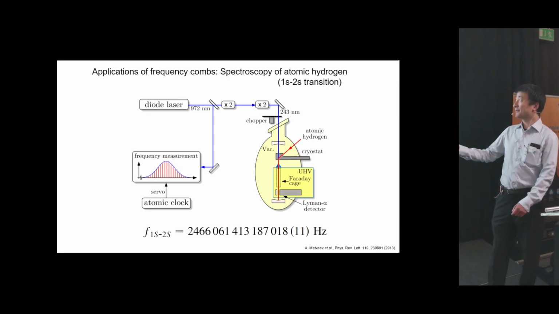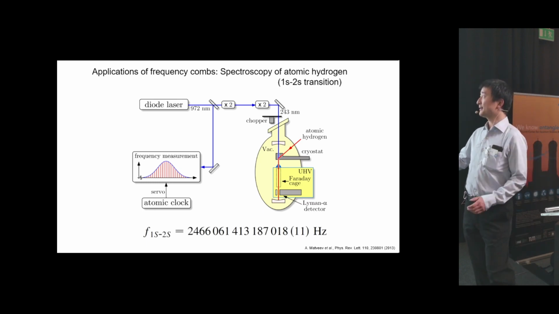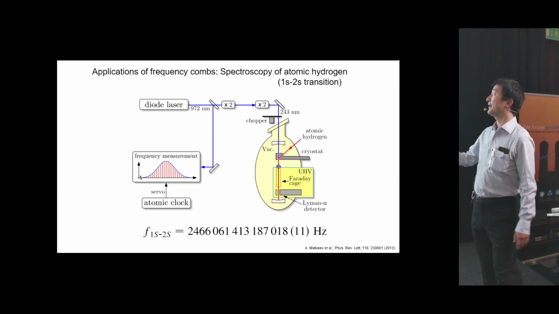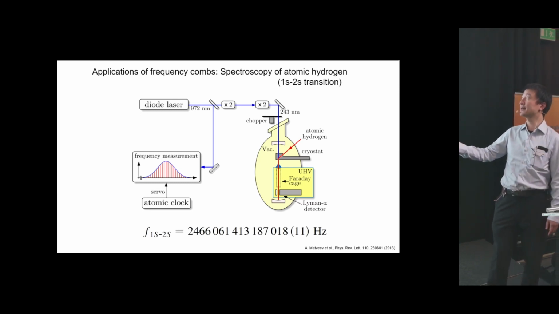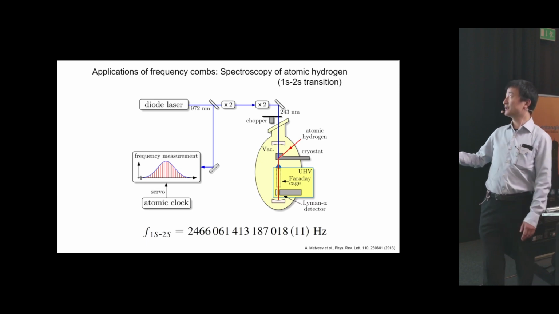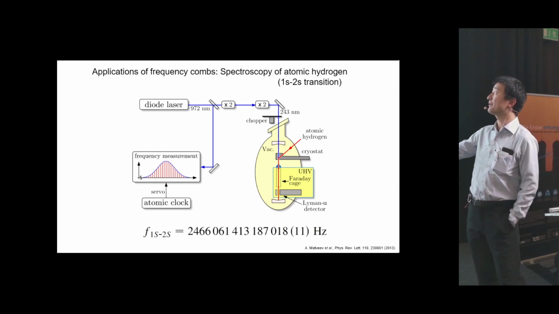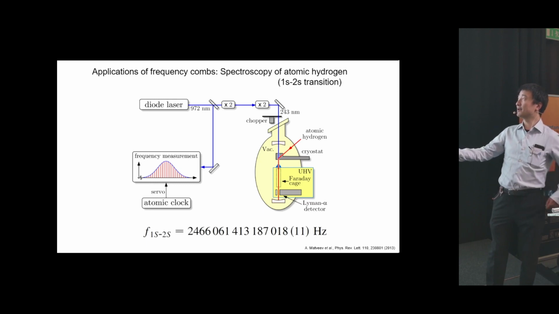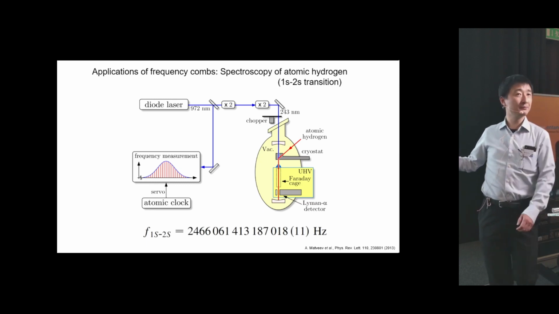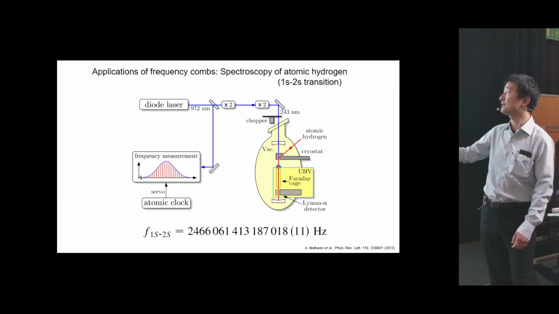Within this vacuum chamber, we excite the 1S state to the 2S state. That's a two-photon absorption. During the spectroscopy, we scan the frequency of this laser, and we try to find out at which frequency or which wavelength this excitation becomes the most efficient. That's the typical setup for precision spectroscopy of an atomic target. So now here comes the optical frequency comb. While scanning this laser, for each measurement point, we would like to know exactly what the frequency of this excitation laser is. For this purpose, we take a part of the excitation light with this beam splitter and send it into the frequency measurement setup. Inside it, we observe the heterodyne beating between the optical frequency comb and this continuous wave laser.